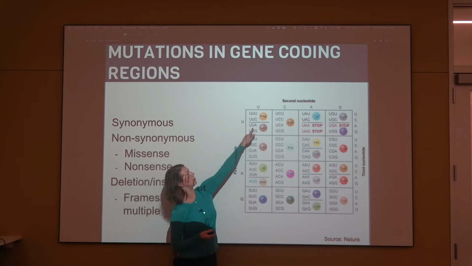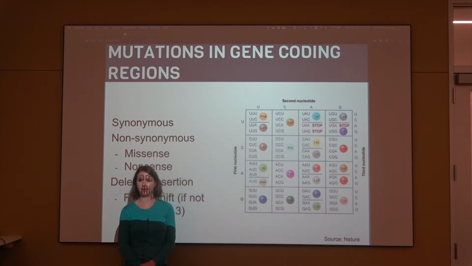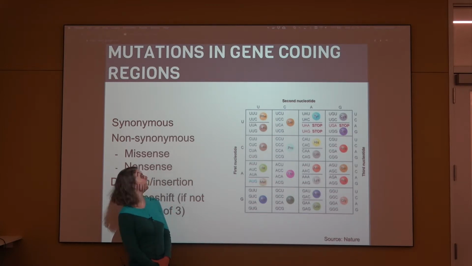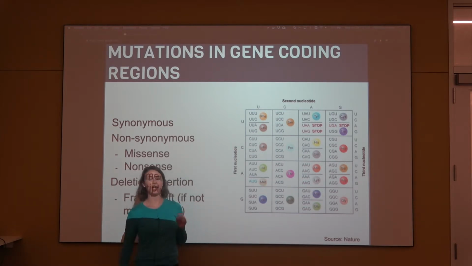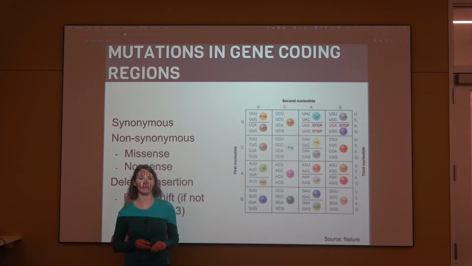So what would the sense strand sequence of UUA be? It would just be TTA, right? All right, so let's say in that region of that gene, we have TTA, and the A gets mutated to a G. So what would the new codon be? Instead of TTA, it's now TTG.